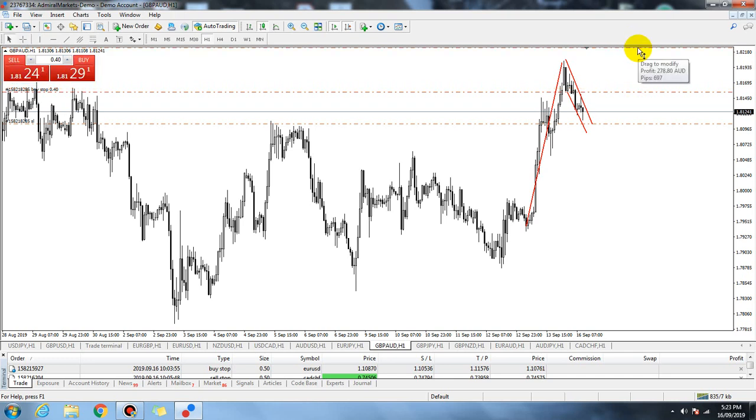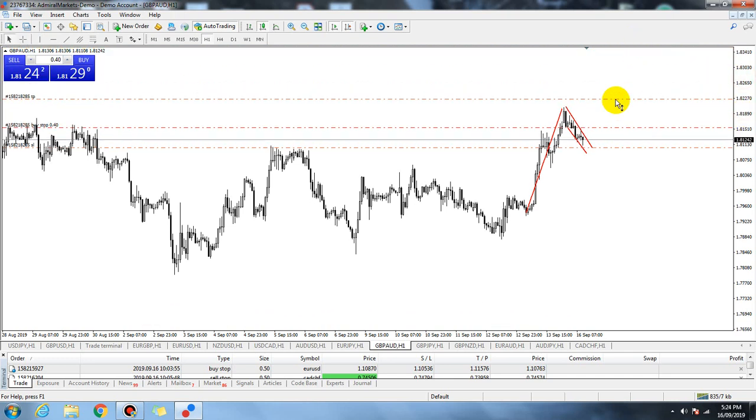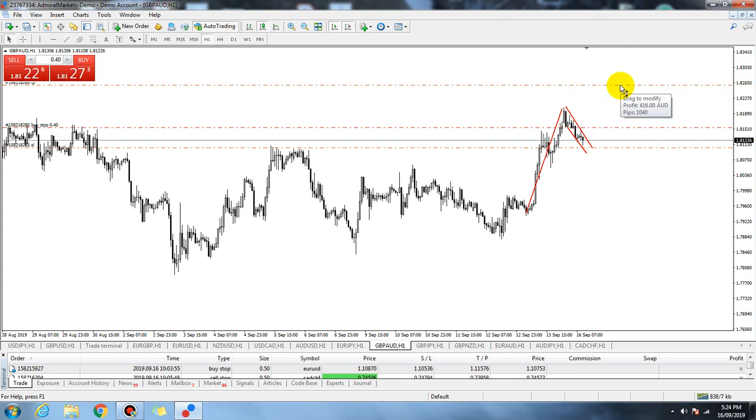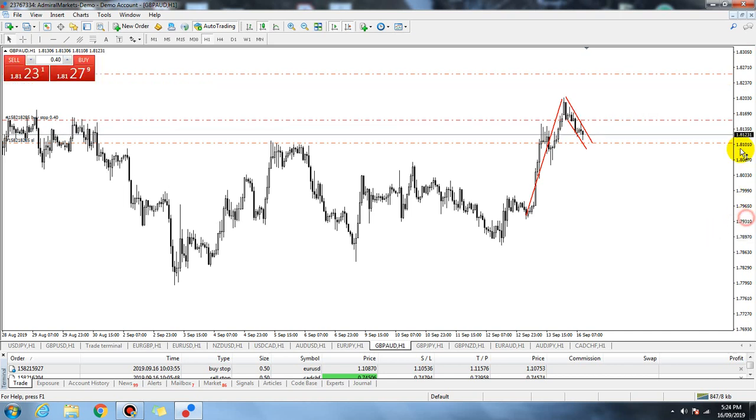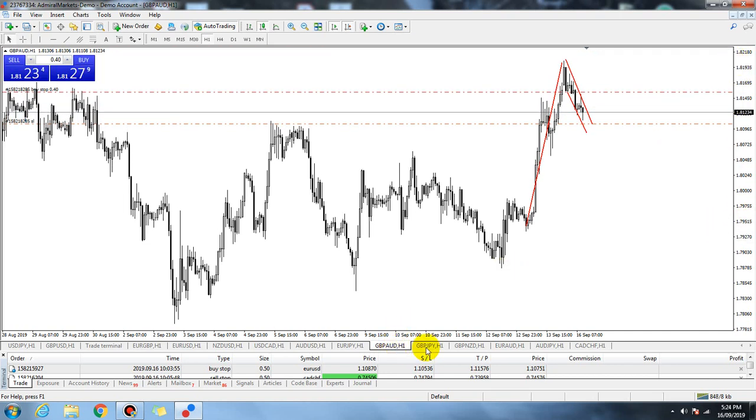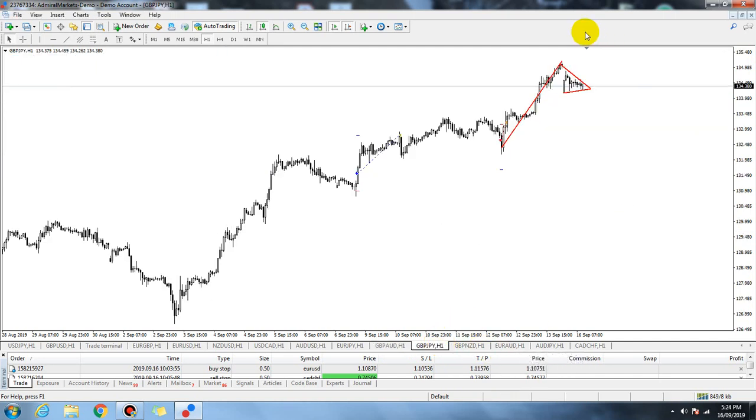What have we got there? 69. 104. 95, 99.4, that'll do. 101 pips to the upside, so that's pound Aussie set.